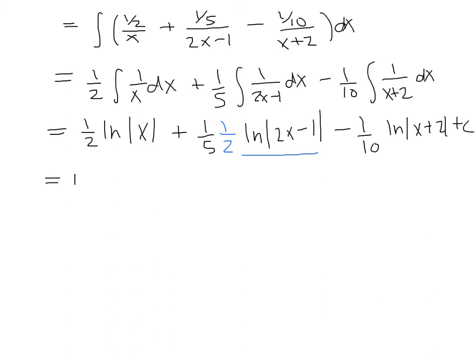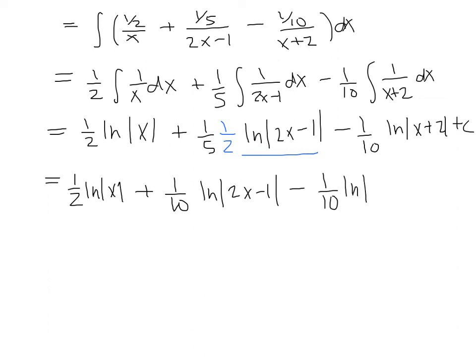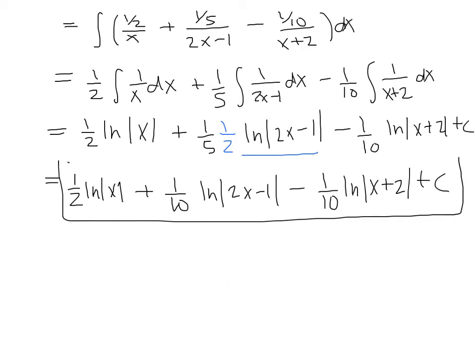So we have 1/2 ln|x| plus 1/10 ln|2x minus 1| minus 1/10 ln|x plus 2| plus C. And as I said just a few minutes ago, the most tedious part of this integration technique is figuring out what these numbers are in the first place.